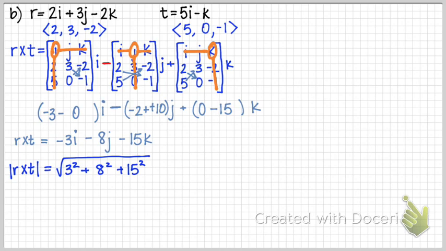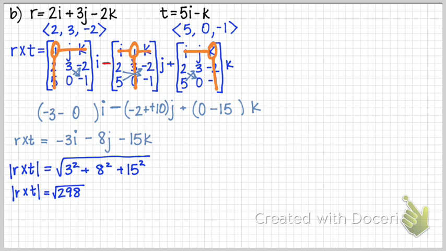So we got 9 plus 64 plus 225. That's a square root of 298. I got excited for a second. I thought it was 289, and I was like, that comes out pretty. It does not. Just leave it as the square root of 298, I'm sorry.